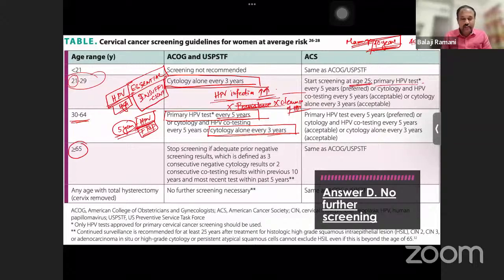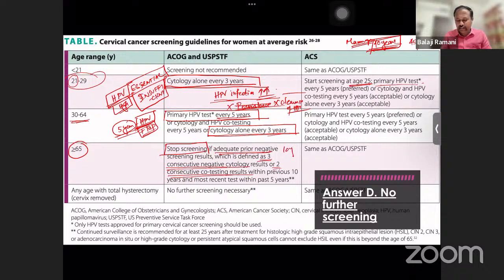And at 65 or more, it is enough to stop screening, but terms and conditions apply. Here, you need adequate prior negative testing. What do we mean by adequate prior negative testing? 3 consecutive negative cytology results, or 2 negative co-testing results.